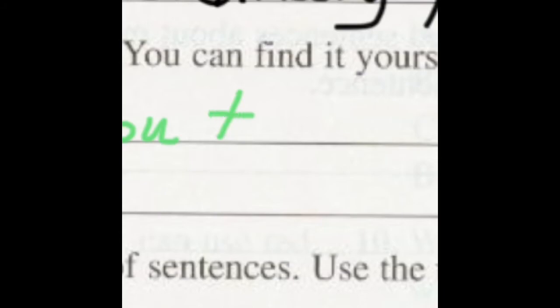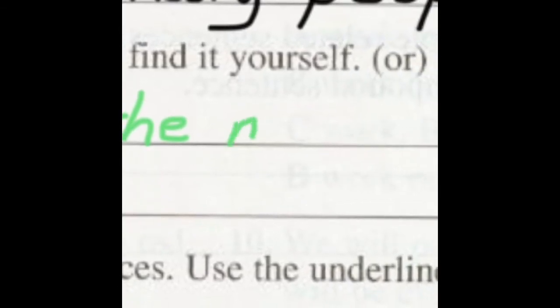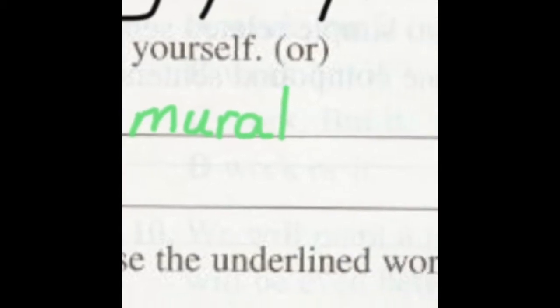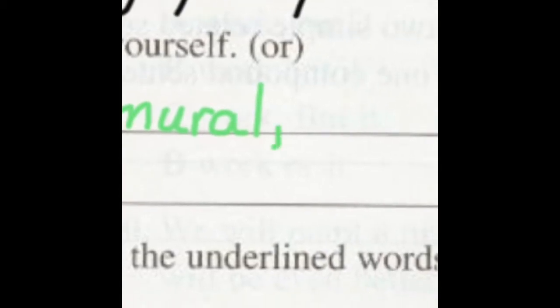Okay. The mural. And apologize, there we go. They are showing me, after I write mural, that my conjunction is going to be or. So, comma, because both what's before the comma and conjunction and what's after them are going to be complete sentences by themselves. So that's why I'm using the comma.